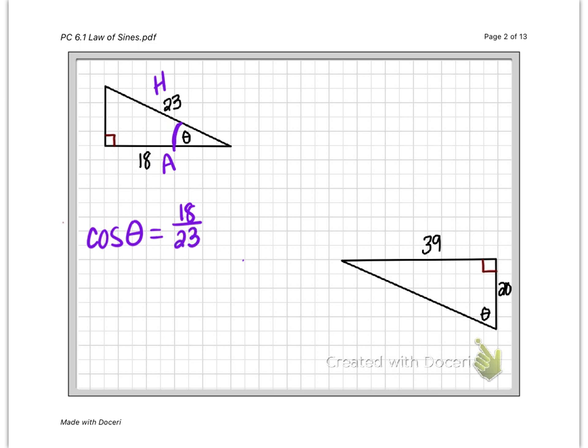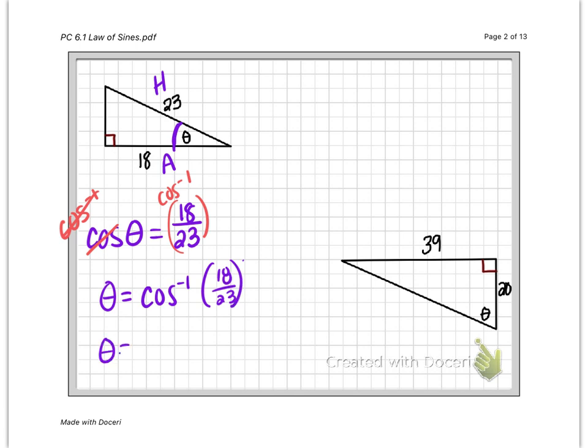To solve for a missing angle, we want to get theta by itself, meaning we are going to use the inverse cosine. So theta, what we'll put into our calculator is inverse cosine of 18 over 23. Again, making sure we're in degree mode. When we put this in, we get that theta equals about 38.5 degrees.